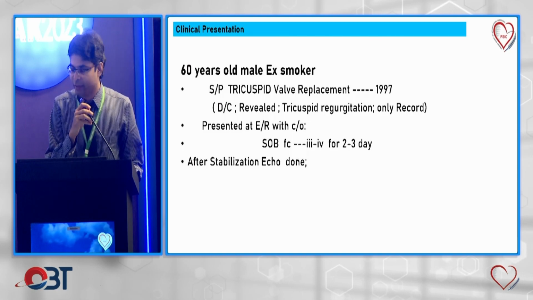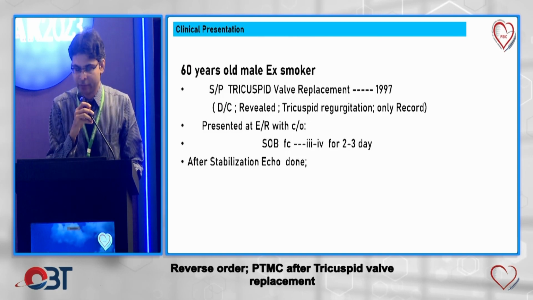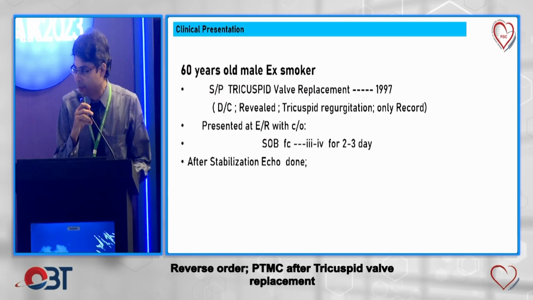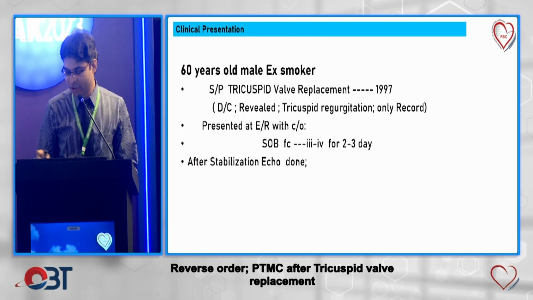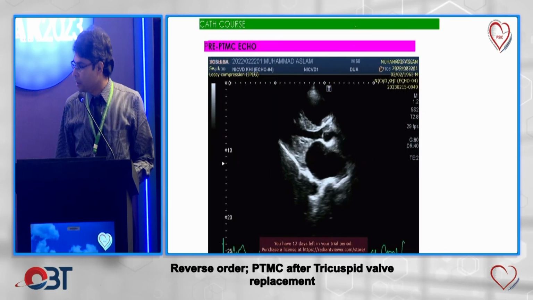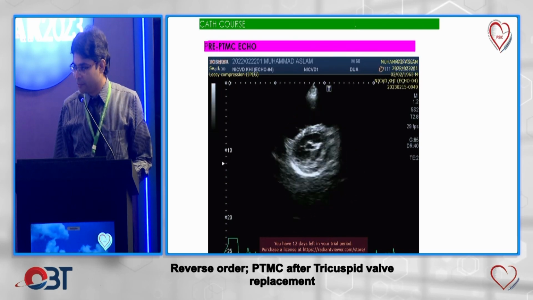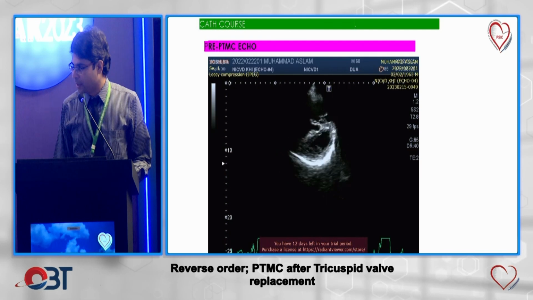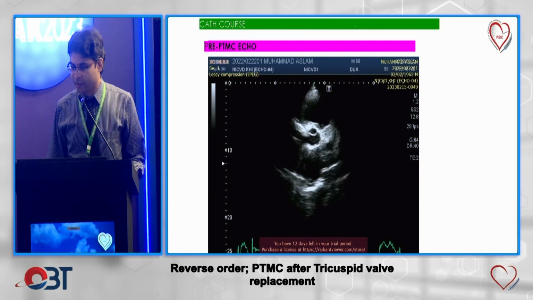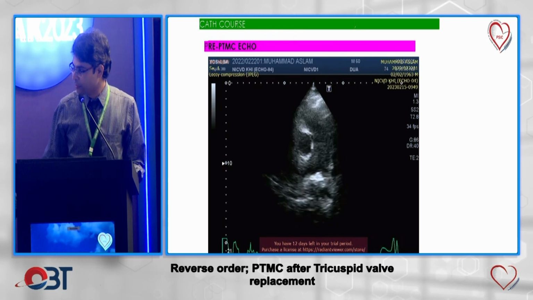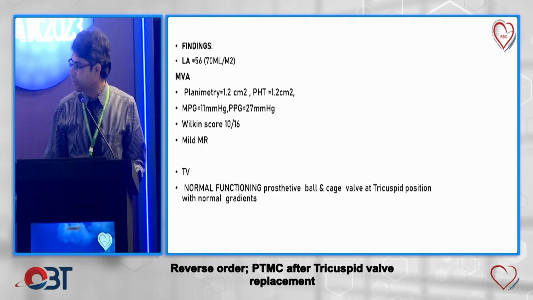He presented at the ER with shortness of breath, functional class 3 to 4, since 2 to 3 days. After stabilization, the echo revealed a mitral valve area of 1.2 by planimetry and 1.3 by pressure half time, with a mean gradient of 11 mm.